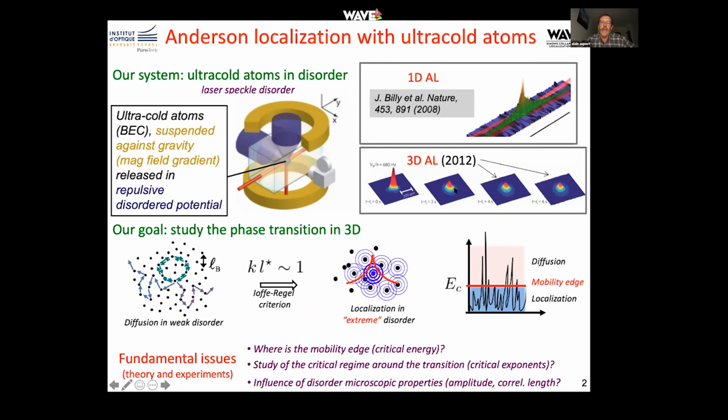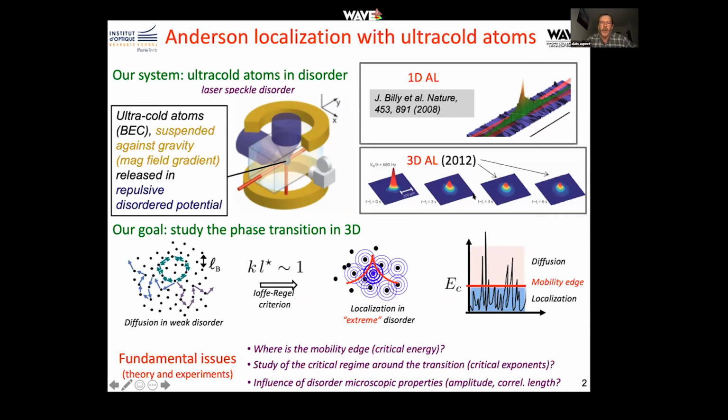So why aren't we happy with what we have done here? It's because in this experiment, due to the technique which was used, the energy of the atoms which were in the disorder was not well defined.